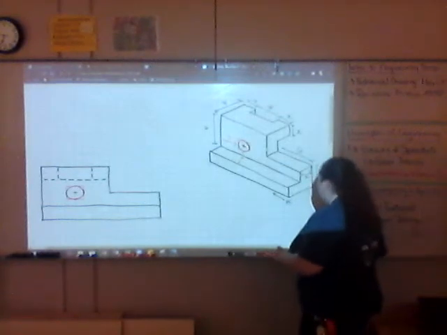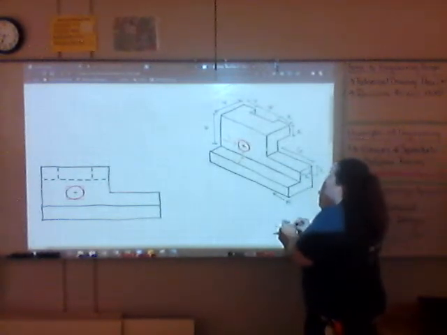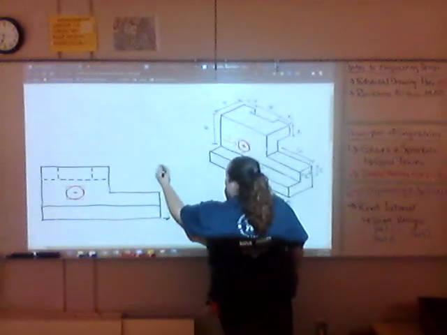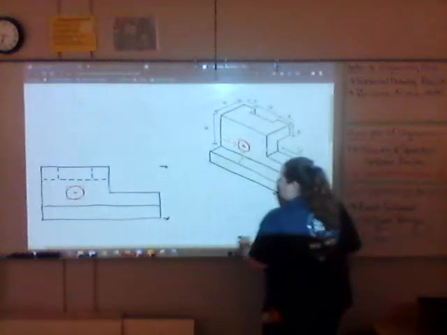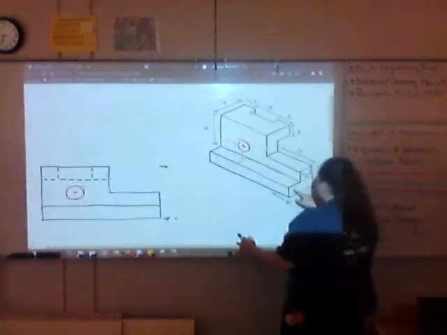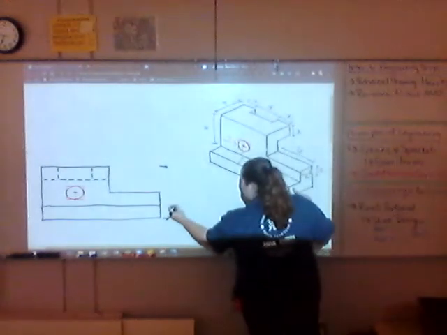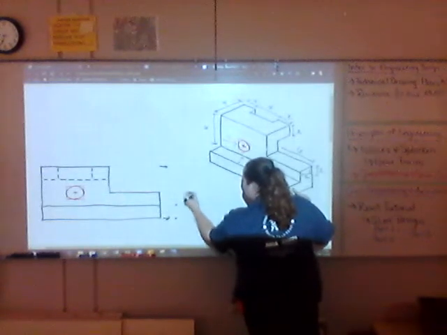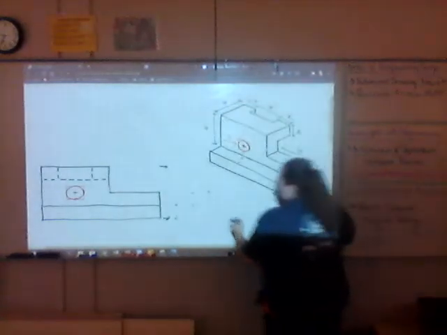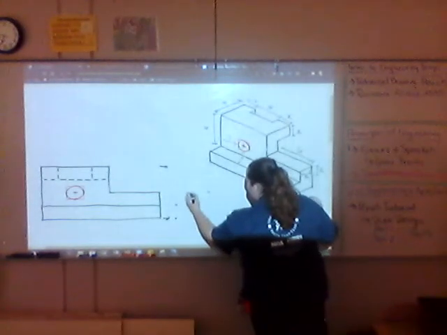Okay? So now, looking at our side view, bringing that over, hoping I have enough space. I know that I have to go up 2 here, back 2, and then up 2 again. And we can define this whole shape. Okay? So we're looking at this.